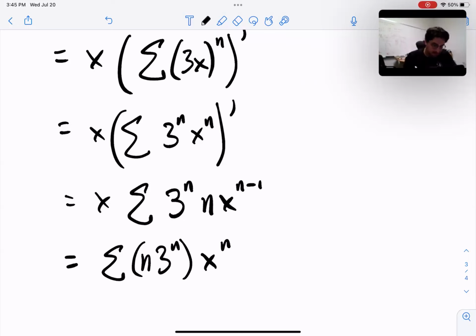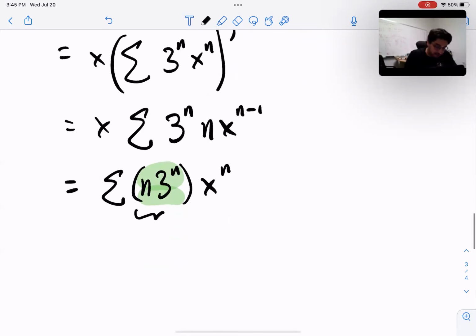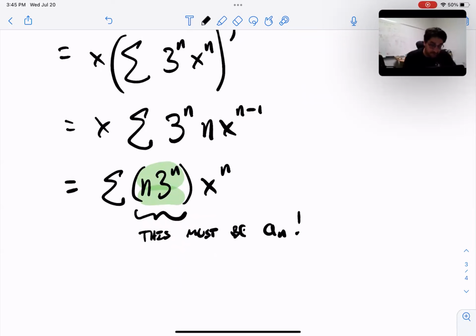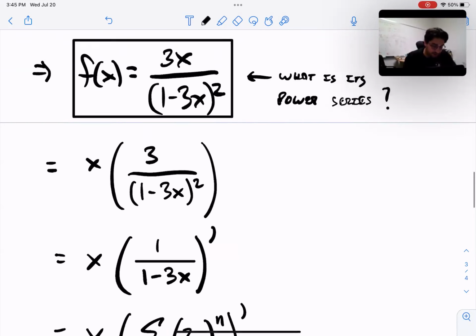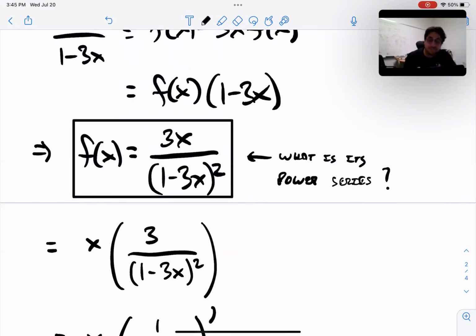This summation has some formula, n times 3 to the n times x to the n. This is the coefficient. Well, this formula must be a sub n, right? Because what was this? This was a power series representation of f.